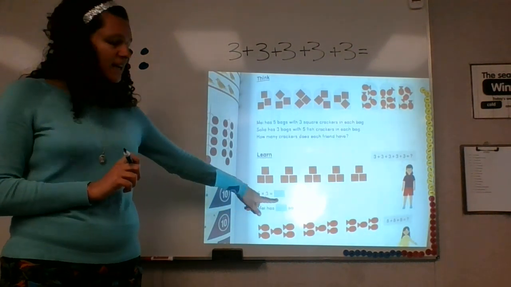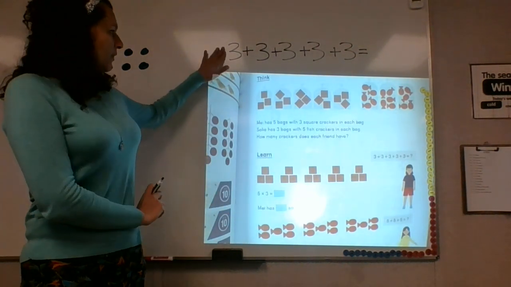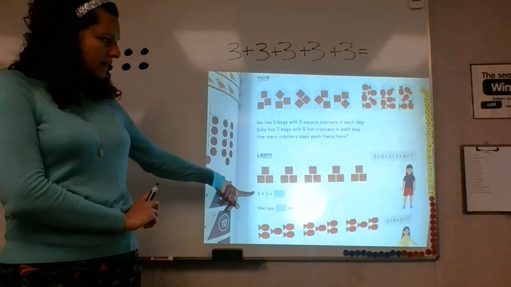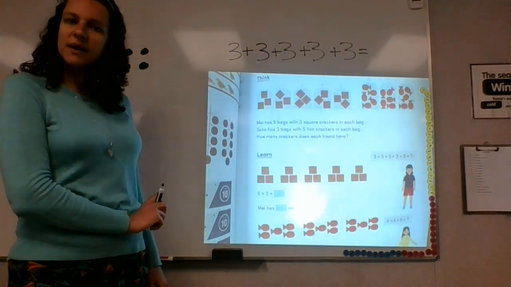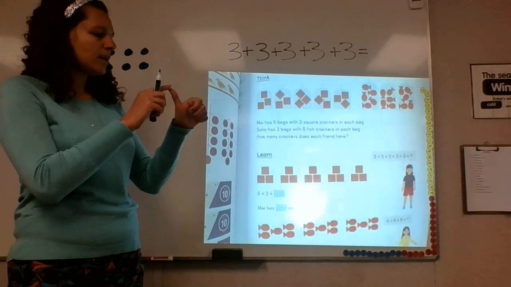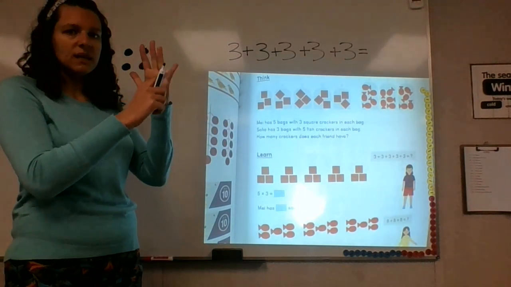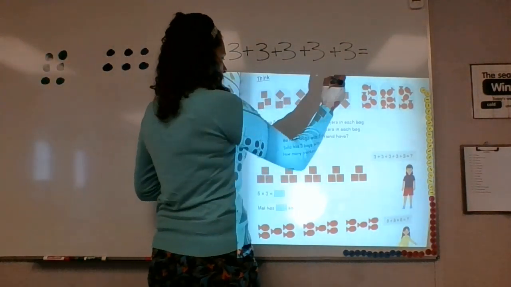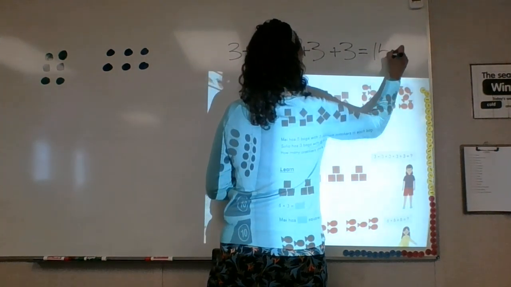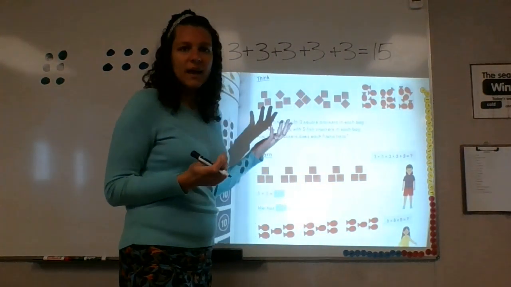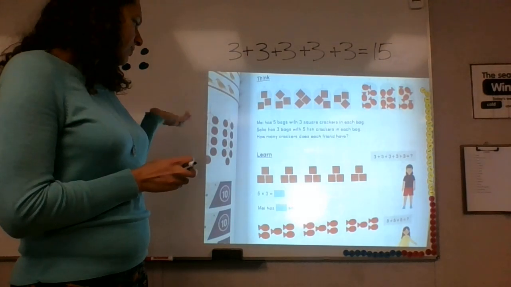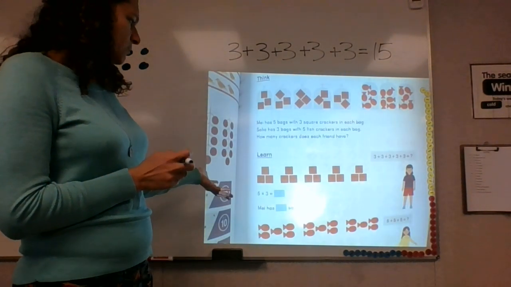It would be 5 times 3. So this is the same as this, right? And what's our answer? Let's do it one more time. 3, 6, 9, 12, 15. Oh, it's 15. So May has 15 crackers, or 15 square crackers.